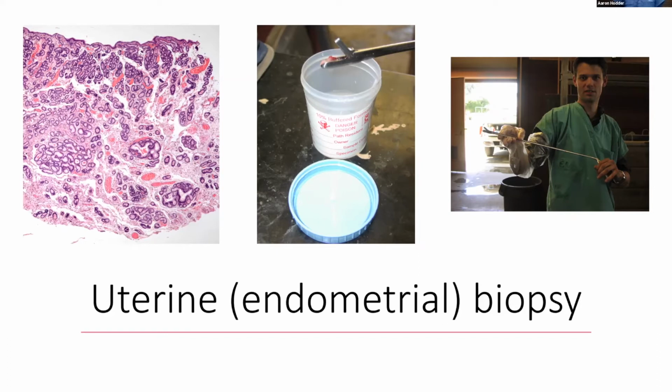I wouldn't necessarily say it's an invasive procedure, but it's not one we do too commonly, but it is a very useful diagnostic aid. We do have a number of different stains we can use for this as well, which we can use to highlight various changes to blood vessels and to different layers or levels of the uterus.